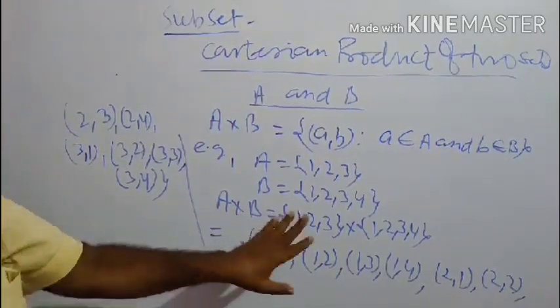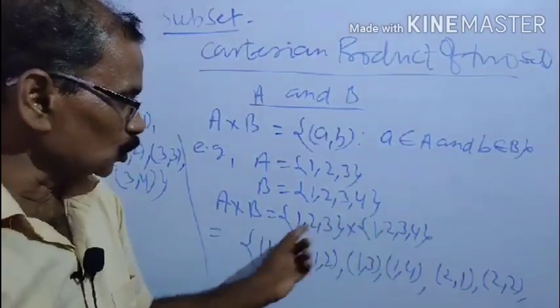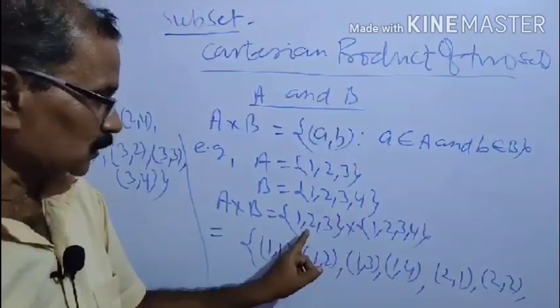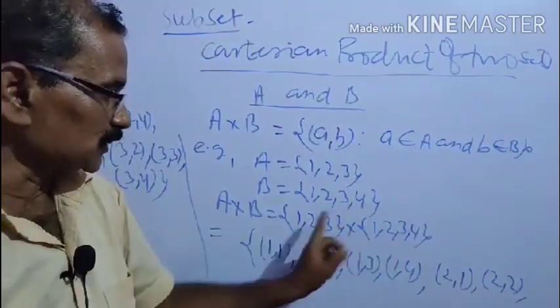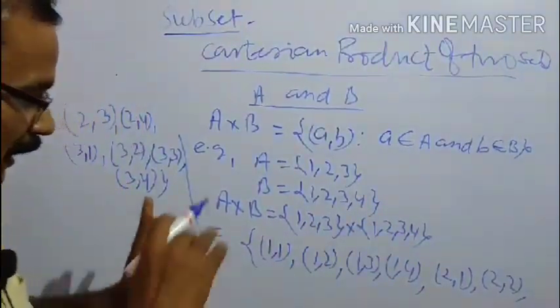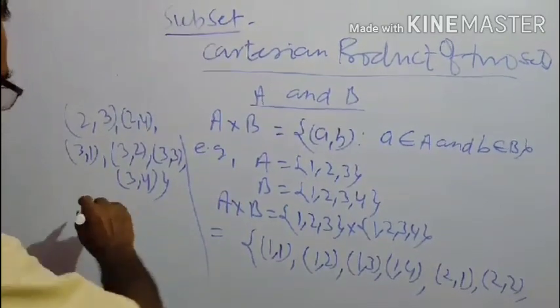So A cross B means (1,1), (1,2), (1,3), (1,4) and (2,1), (2,2), (2,3), (2,4) and (3,1), (3,2), (3,3), (3,4). And this is your A cross B, that is A Cartesian B.